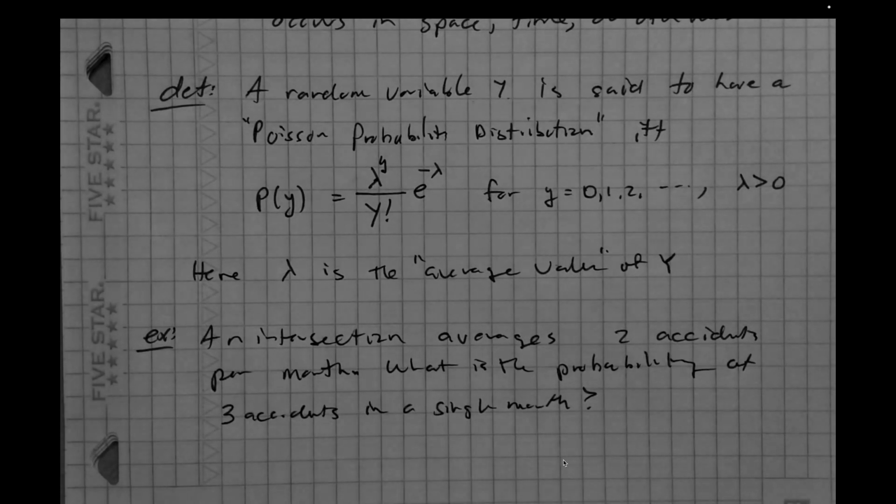Given what you know about the number of accidents per month, the average is 2. What's the probability that next month there'll be 3 accidents? Okay, assuming nothing changes.